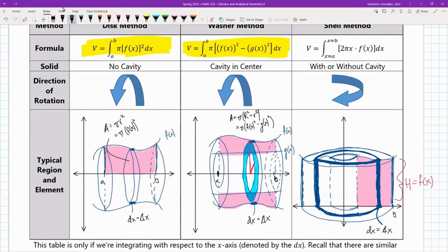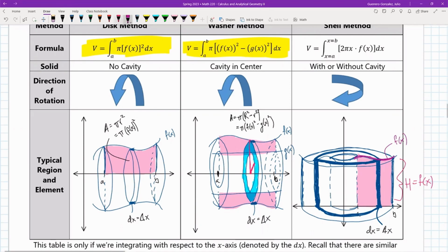I forgot to write in the function here, so let me draw it in purple so it stands out a little bit. I'm running out of colors. There we go. That right there is my f of x. So the height is dictated by that f of x, right?